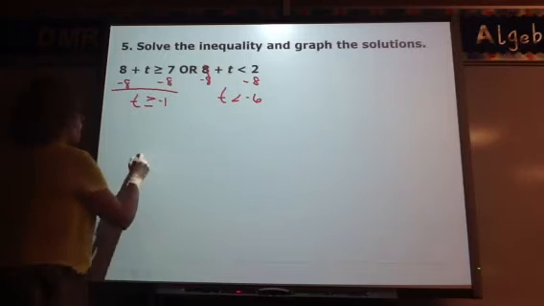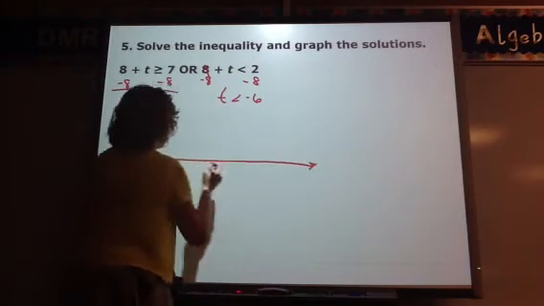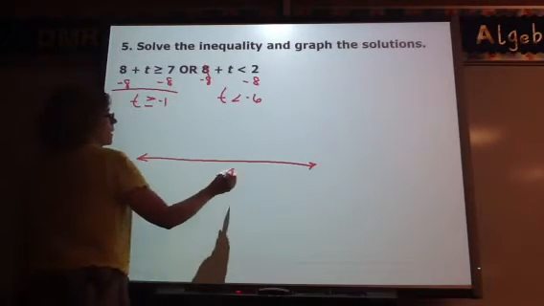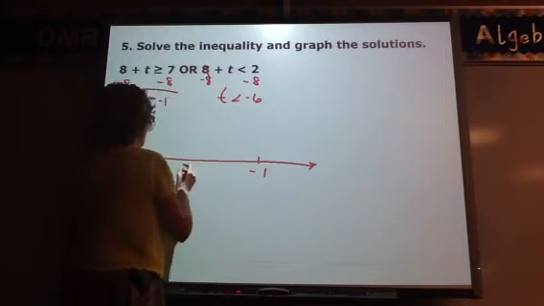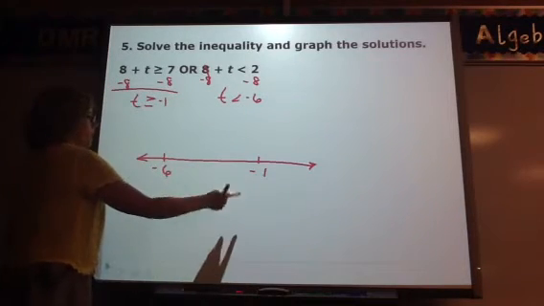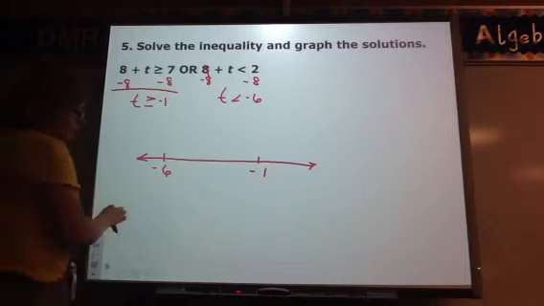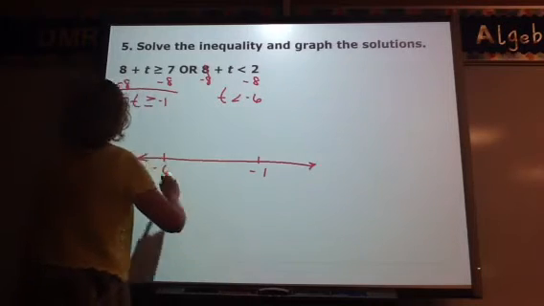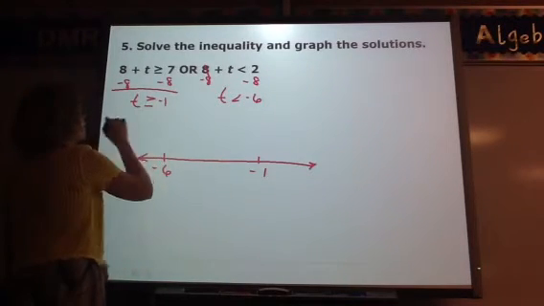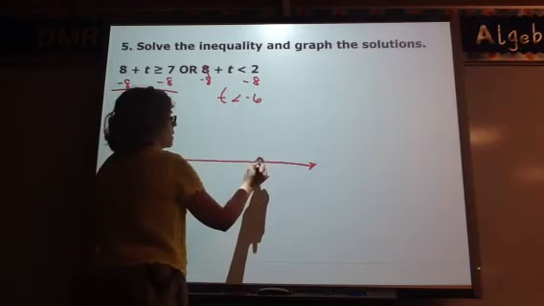Okay, so when I graph this, I have -1 and I have -6. Make sure your numbers are lined up correctly on that number line. Okay, so for this one right here, t is greater than or equal to -1.